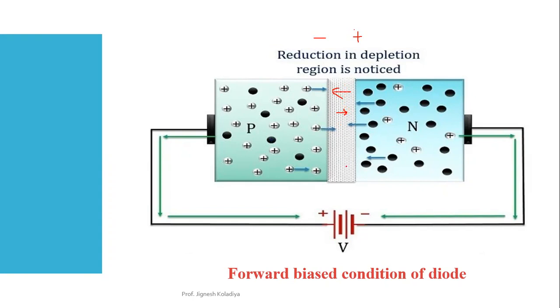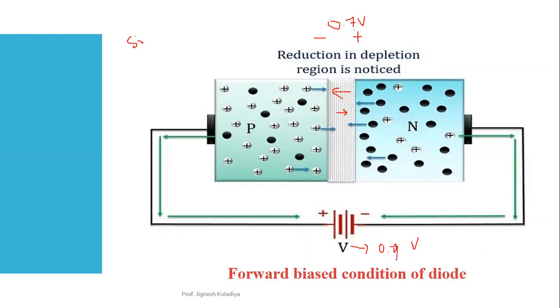Suppose I'm giving 0.3 volt, and let me take silicon material. Then over here there is 0.7 volt, so these 0.3 volt and 0.7 volt create field intensity in opposite directions, so it will reduce.